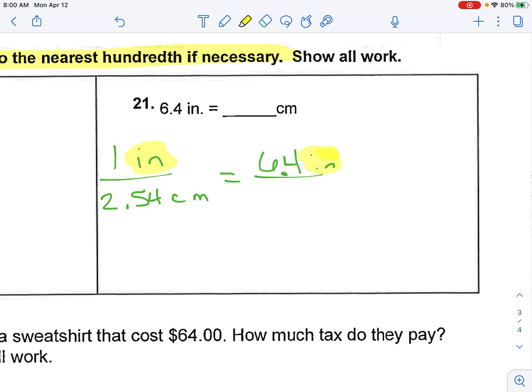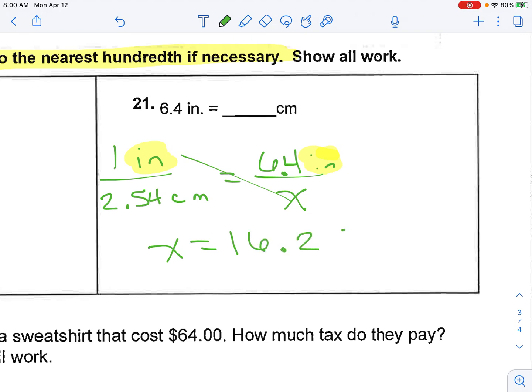Remember, you have to put the same terms on the top. So this is going to be my X. 1 times X is X. Go to your calculator, multiply 2.54 times 6.4.